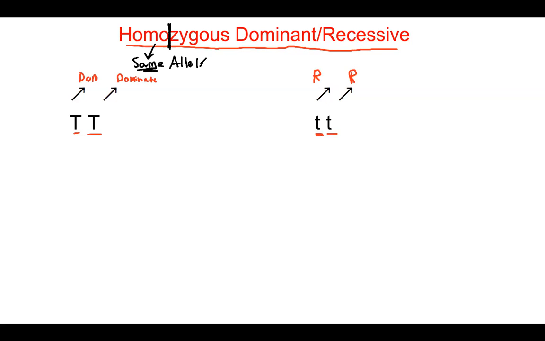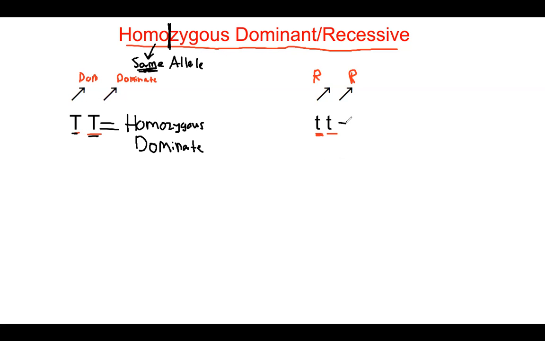So this person will be called homozygous. They have the same allele, and in this case, the same allele is dominant. So this person will be called homozygous dominant, and I know that because it has two of the same alleles, two dominant alleles.